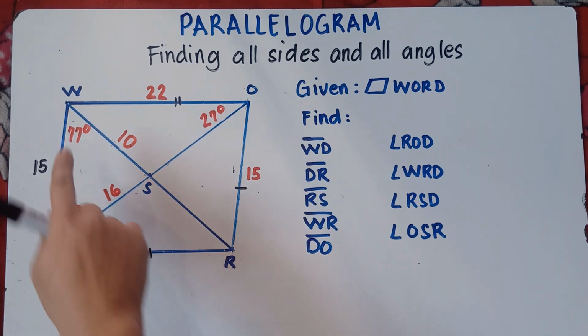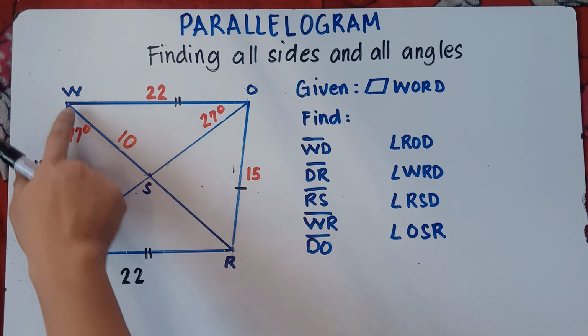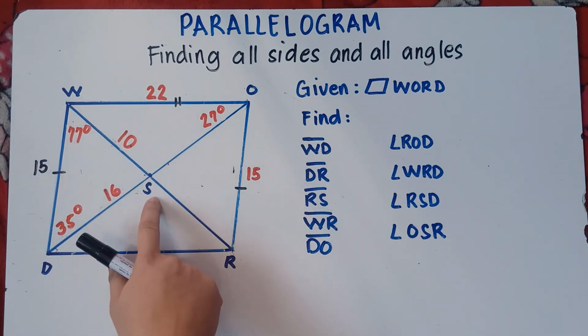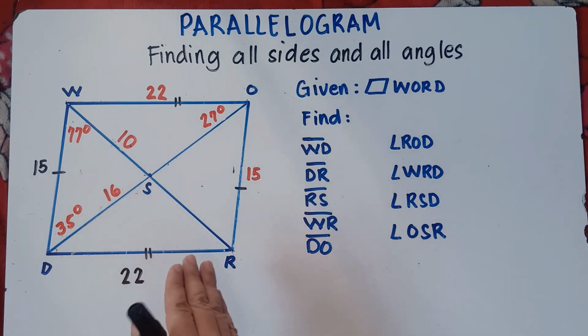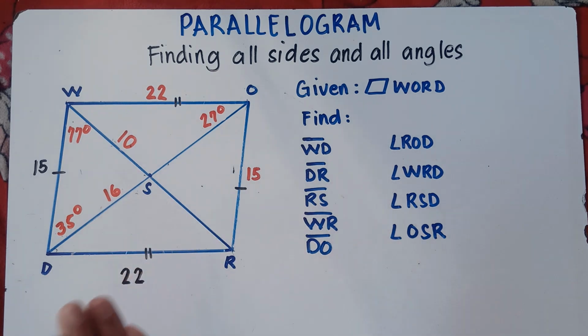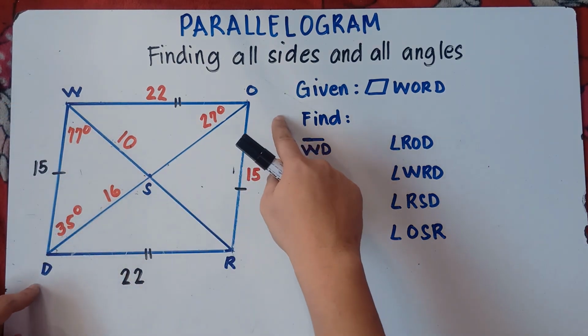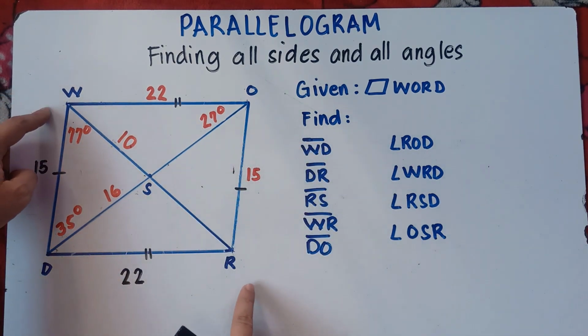Alright, WS is 10. Therefore, RS is also 10, because diagonals bisect each other. They cut themselves into two equal parts. This diagonal OD cuts WR into two equal parts.